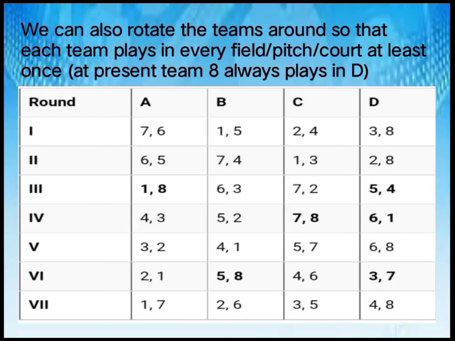In a round robin tournament, the team with the best record is the winner. Depending on the tournament rules, there are a few different ways a winner can be determined in the event of a tie. So the examples of round robin tournaments are the League of Legends and the International Dota 2 Championships.